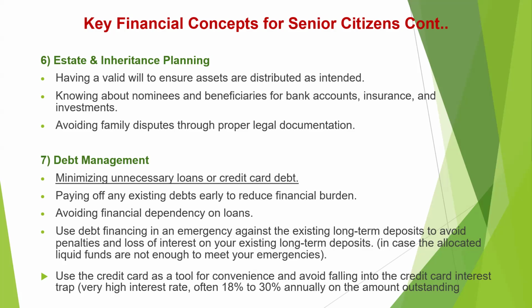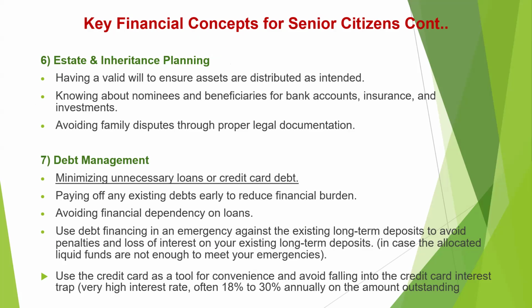Then the other one is debt management. My advice is basically to minimize unnecessary loans and credit card debts. Especially when it comes to credit cards, the majority of people are using credit cards now. But the problem is there are certain traps, right? People tend to buy goods, but later they are not in a position to settle the money in the month.